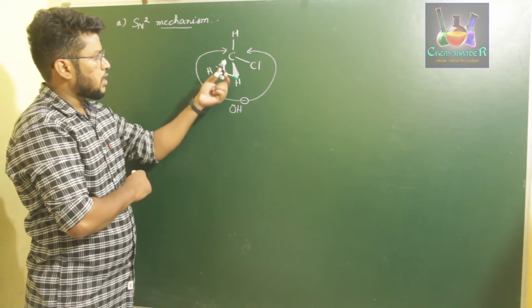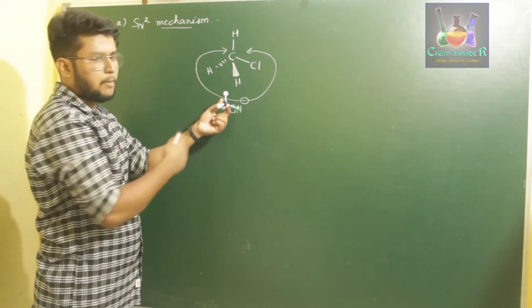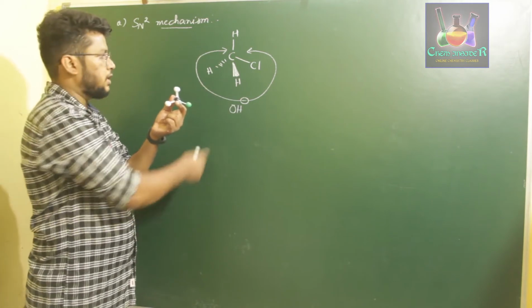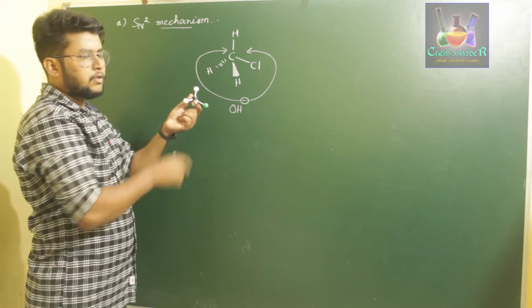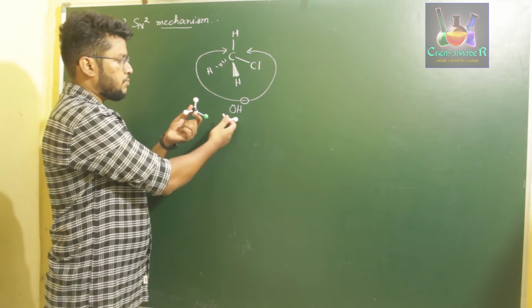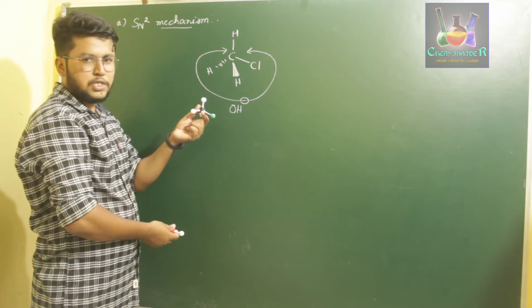This hydrogen is above the plane, this hydrogen is below the plane written in a dash bond, and these two are in one plane. This is the OH minus which is attacking the species.